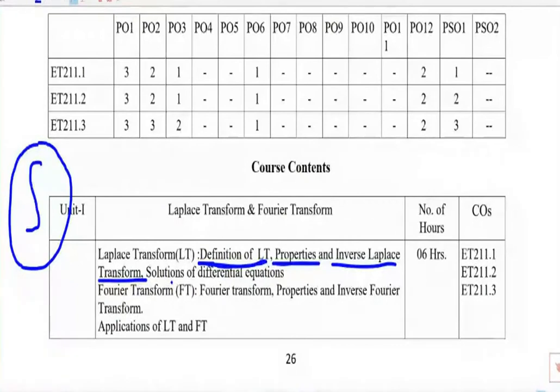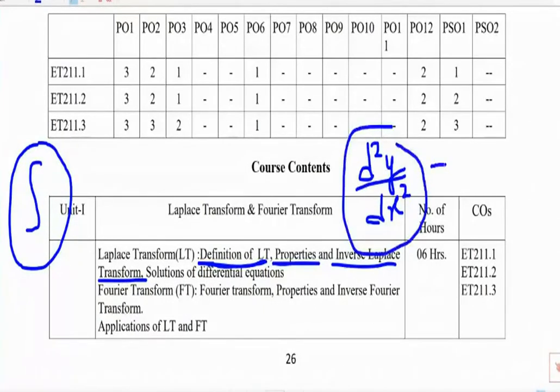You might have seen differential equations like d square y by dx square. This differential equation we can convert into an algebraic equation. What is this? It is a differential equation, right? d square plus some constants, 3, 4 dy by dx plus some y equal to 0. So you will be finding out the solution, right?